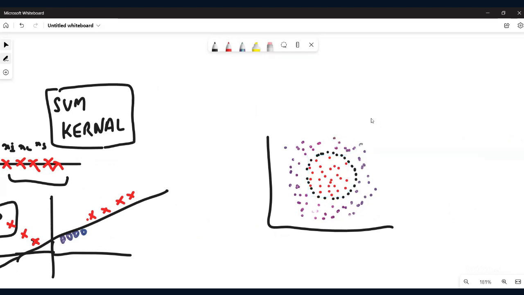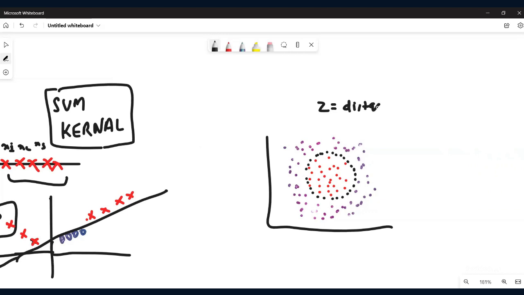So again, in this case also, SVM kernel is going to introduce another variable or another dimension here. Let's say z is equal to distance from center, or let's say r, radius of circle.